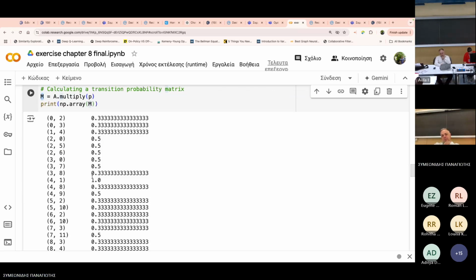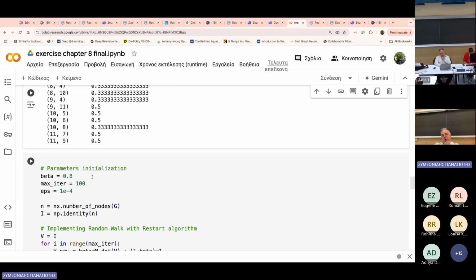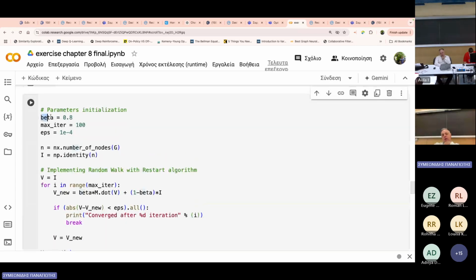Okay. So here you see we start with the parameters of our equation. Beta is the jumping factor, and in this case, the jumping factor to the initial starting node. So it's 0.8 that it continues regularly its journey to traverse the graph, and 0.2 to return to the starting node. Okay.